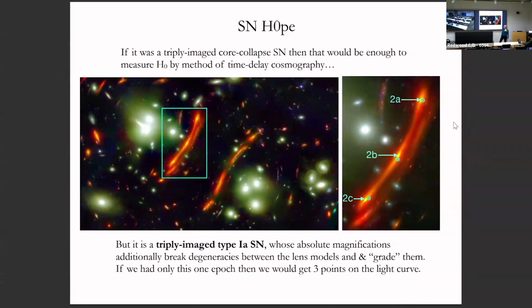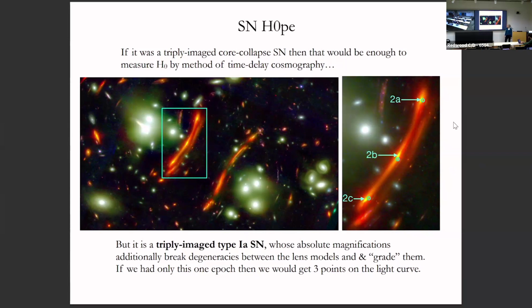Okay, so what you're looking at here is one epoch of JWST observations in the G165 galaxy cluster. Here's again where we see supernovae, images 2A, 2B, and 2C. If we had just this one image, then we'd already get 3 points on the light curve, right? Because you see them at 3 different times in one image. And that would be nice.